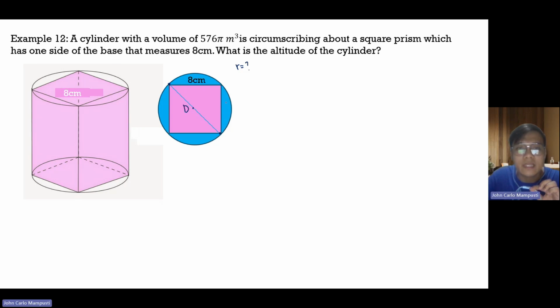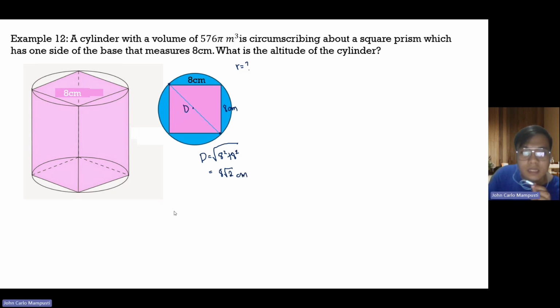So, square yan, 8 centimeter, 8 centimeter din to. Okay? So, the diameter is equal to the square root of 8 squared plus 8 squared. So, therefore, this is equal to 8 square root of 2 centimeter.